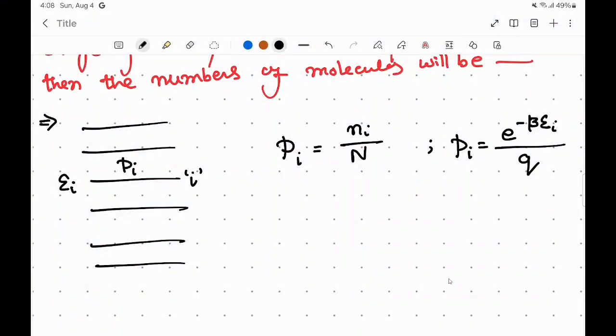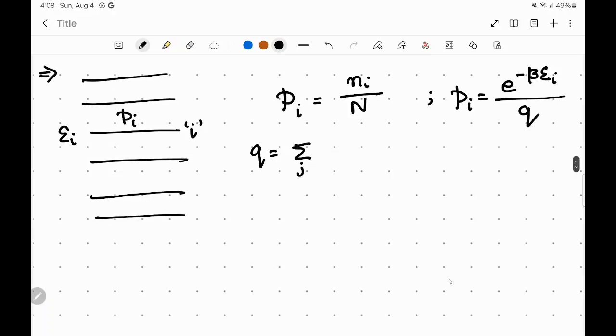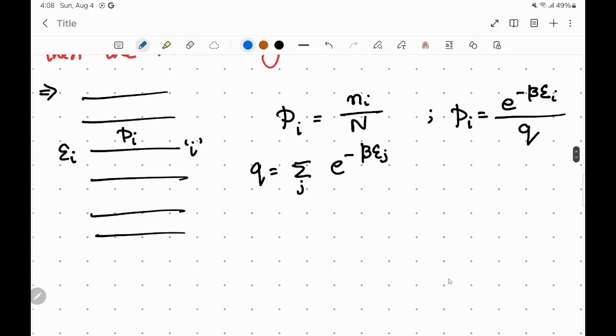Okay, so this will be our population Pi. Now, what is Q? Q is our partition function that is defined as, to avoid confusion with different notation, I am using j instead of i. These are dummy variables, right? So it will be e to the power minus beta epsilon j. Now be careful about one thing. The original formula is obviously g i and here will also be g j.